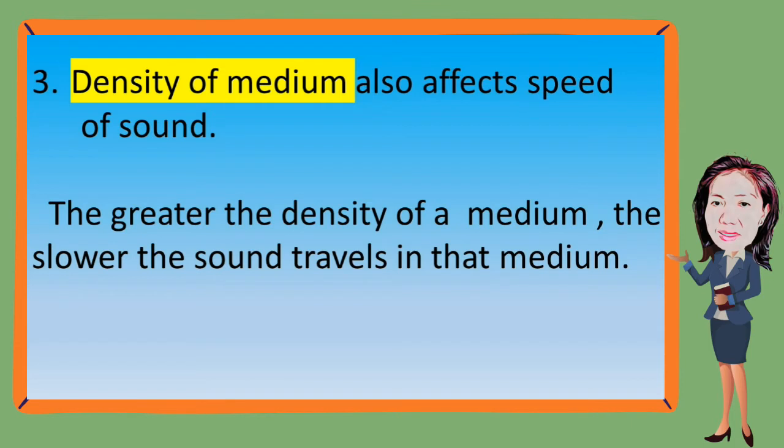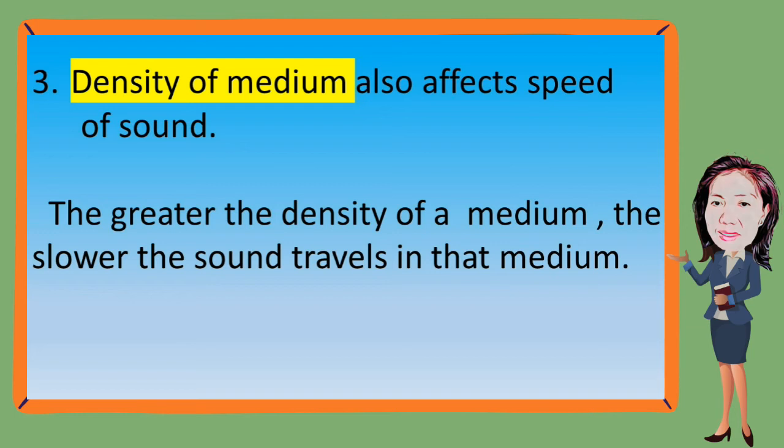Okay, third factor that affects the speed of sound. It's the density of the medium. So ano ba yung ginagamit mo na medium? Gas ba? Water ba? Actually, medium is anything kung saan siya mag-travel. That's the medium.